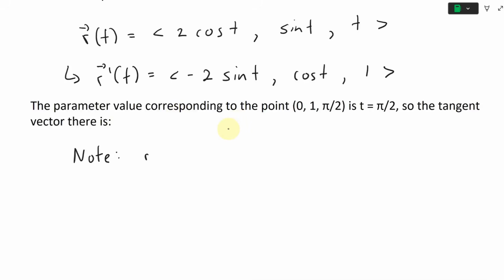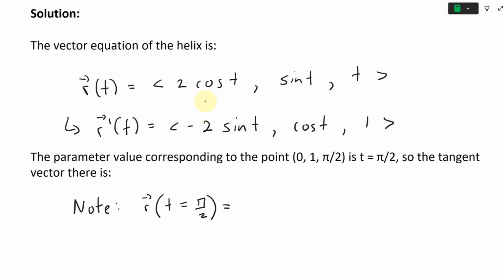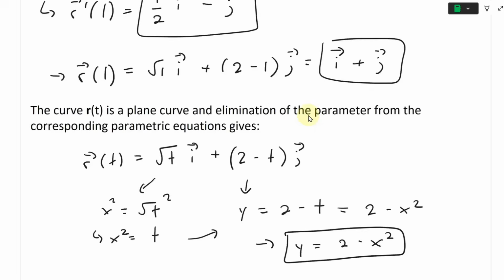So note that r vector at t equals pi over 2 equals 2 cosine t, so we put that inside. This is going to be 2 cosine pi over 2. And we know that cosine pi over 2 is just 0, as we showed earlier.